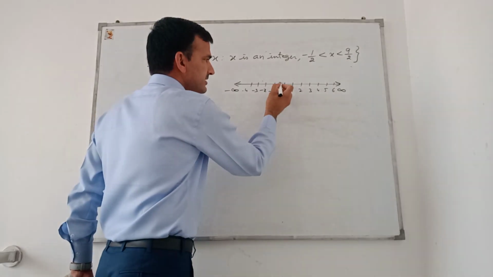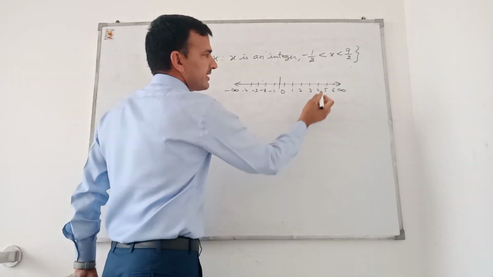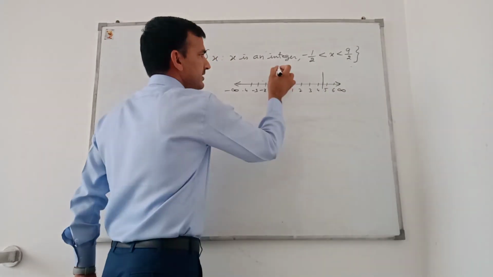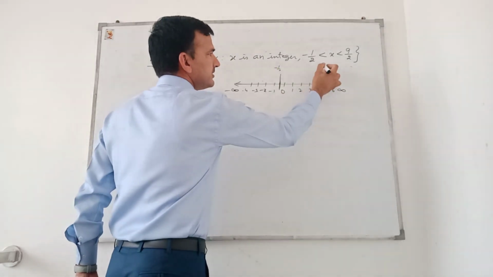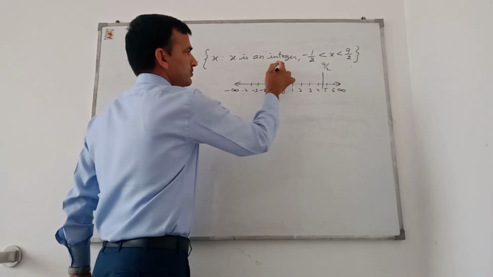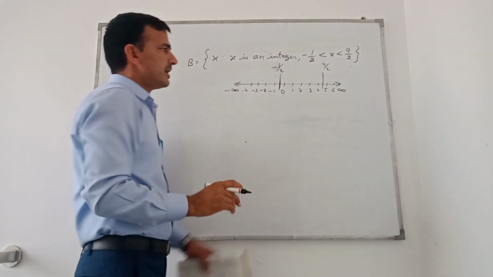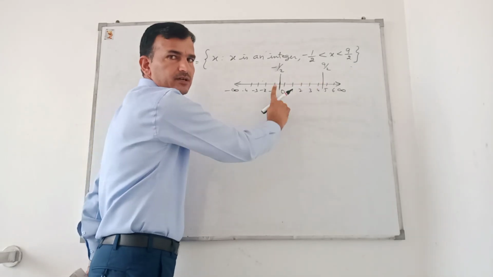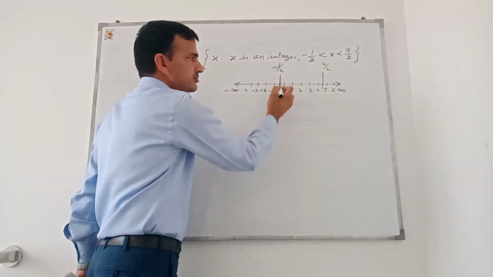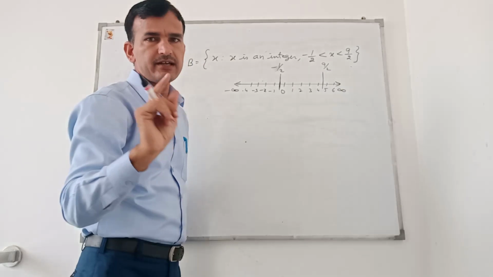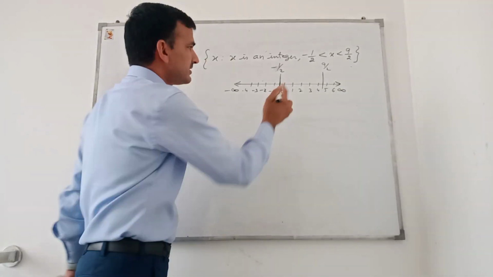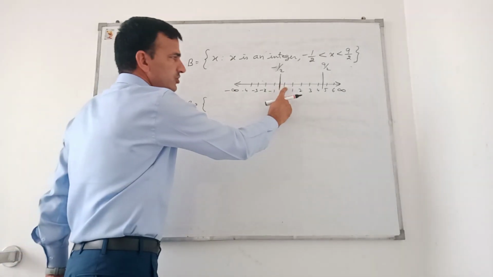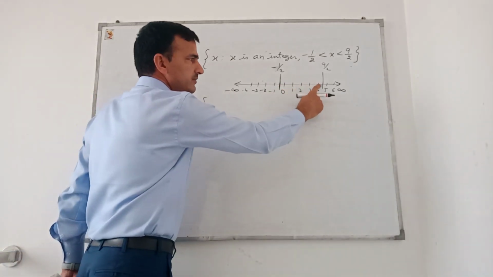-1/2 is here, 9/2 is here. This number is -1/2, and this is 9/2. Between these two numbers, we have to write only integers. The integers are 0, 1, 2, 3, 4.